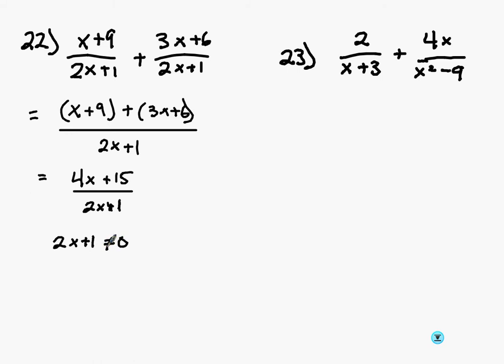Treating this like an equation, if I subtract 1 from both sides of this, then I get 2x cannot equal negative 1. And then dividing both sides by 2, I would get x is not equal to negative 1 over 2, or negative 1/2. So that would be the value of x for which this expression is undefined.